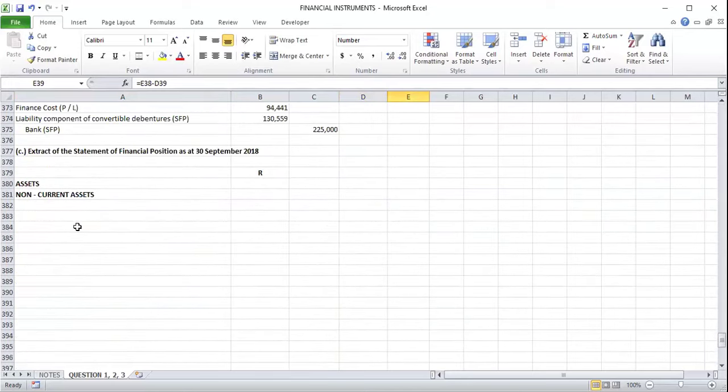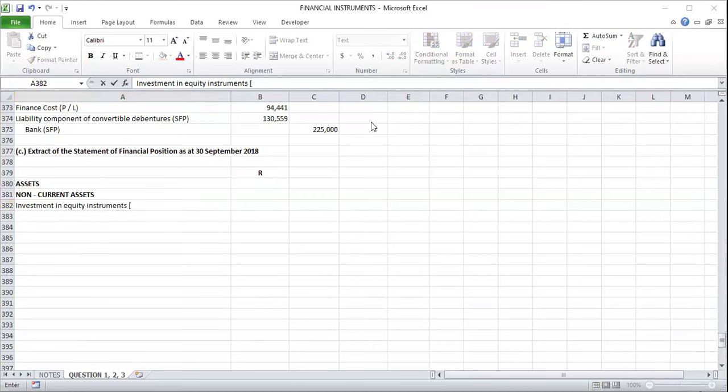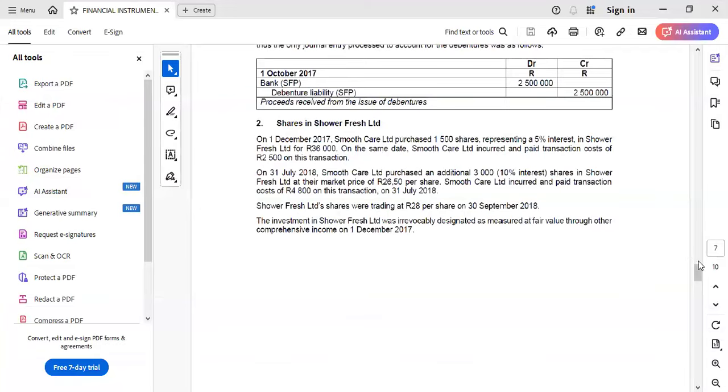assets. So then we'll have an investment in equity instruments. These shares will be included at the fair value on that reporting date. On 30 September 2018, the fair value was now 28. Remember, we've got 1,500 plus 3,000 shares.